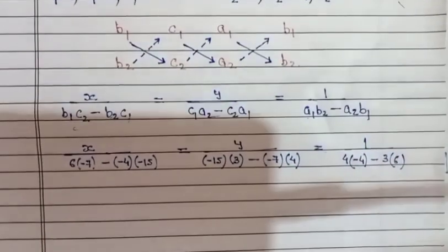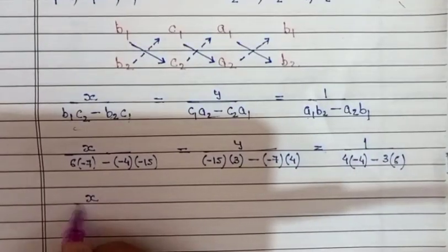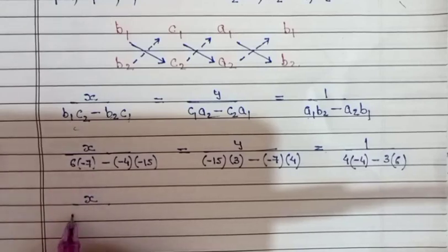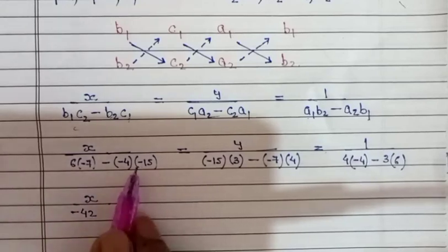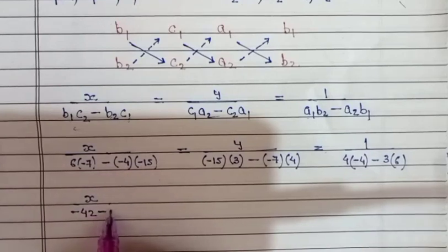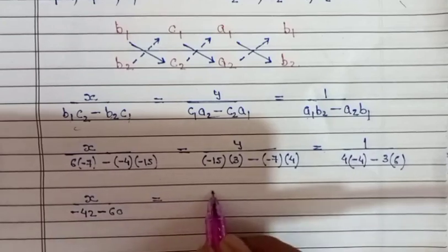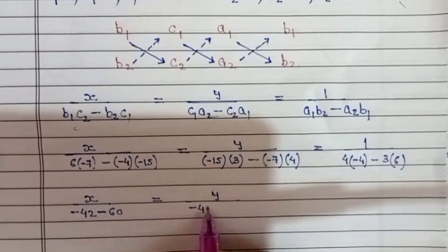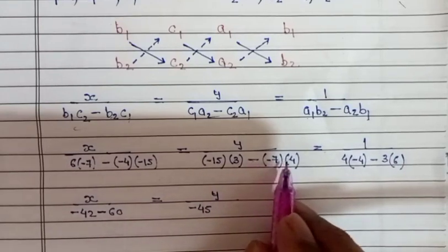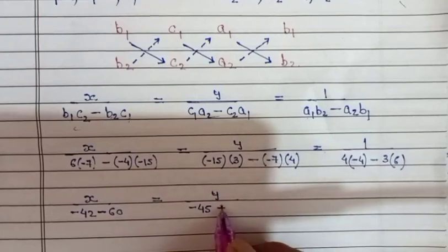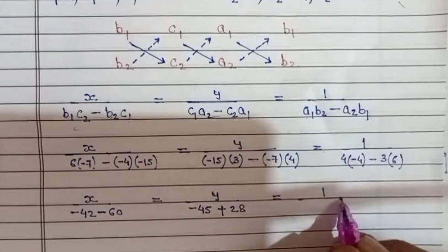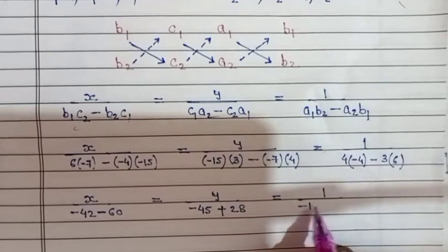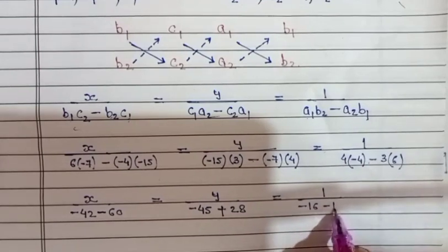Now let's solve it. We have x upon, now this will become 6 into 7 minus 42. This will become minus into minus plus, plus 60, and then minus, so it will become minus 60, is equal to y upon, this will be minus 45. This will become minus minus plus 28, is equal to 1 upon, this will become minus 16 and minus 18.